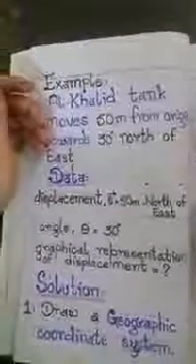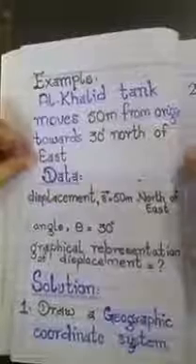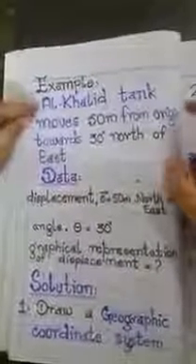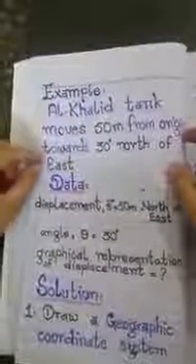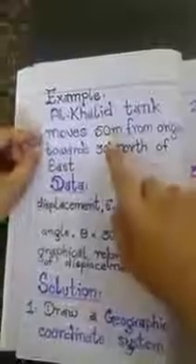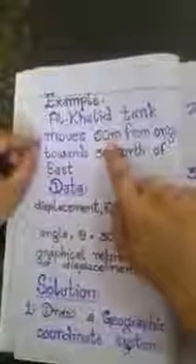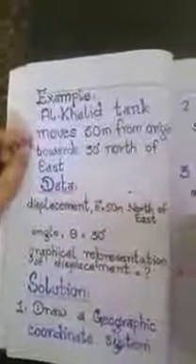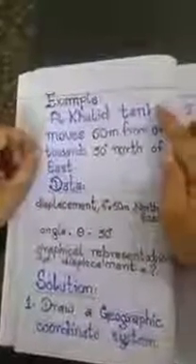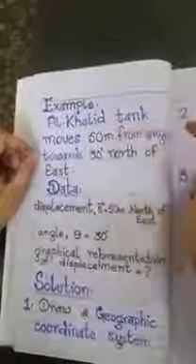Now I explain graphical representation of vectors with the help of another example. The example is: Al Khalid tank moves 50 meters from origin towards 30 degrees north of east. You see that here a 50 meter magnitude is given and north of east is the direction. As the Al Khalid tank moves, it means that this tank covers a distance of 50 meters.